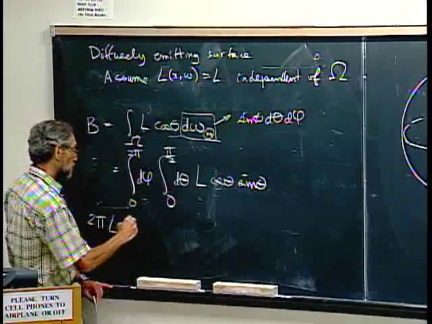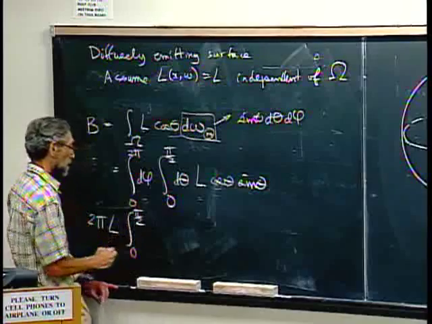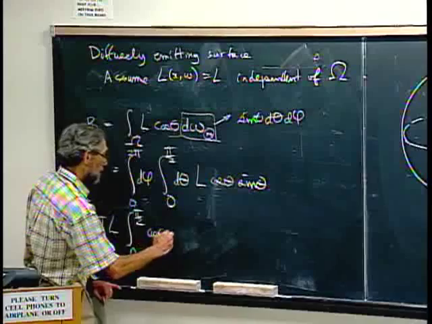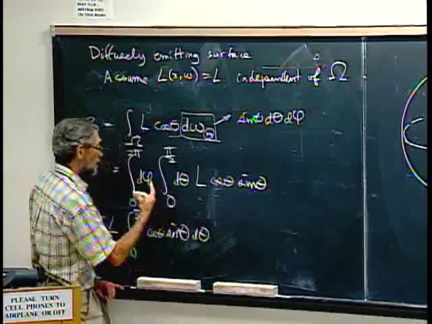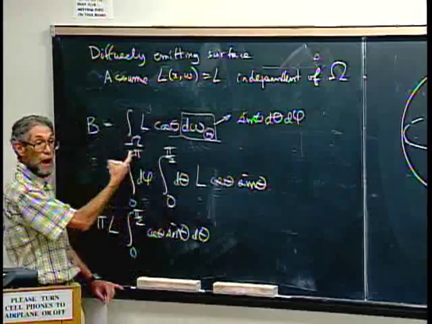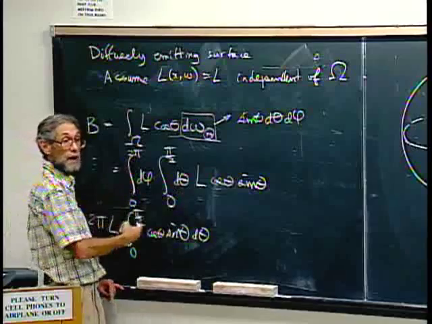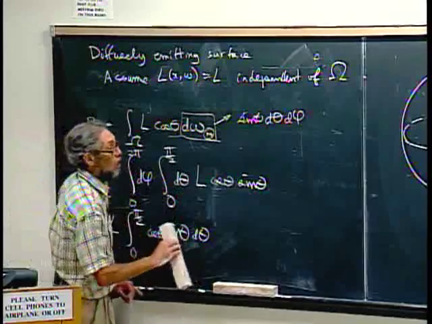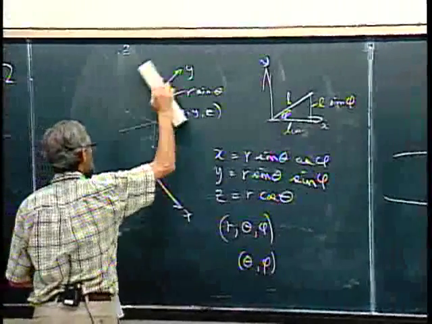And then what I've got to do still is the integral from 0 to pi halves of cosine theta sine theta d theta. My d phi just made my 2 pi here because it's a constant that doesn't depend on phi, times d phi. So I just need this thing. Now let me see if I can finish that integral in 3.5 minutes.